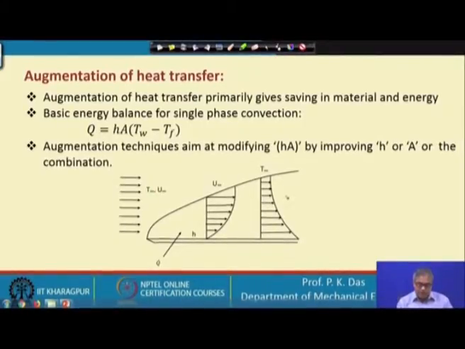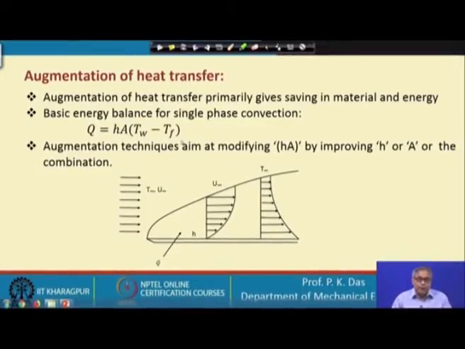On the solid surface there will be a velocity gradient due to the formation of the boundary layer, and a temperature gradient due to the formation of the thermal boundary layer. Heat transfer will depend on the difference between T infinity, the temperature of the fluid outside the thermal boundary layer, and T w, the temperature of the fluid on the surface. So, Q will be H A (T_w minus T_f).